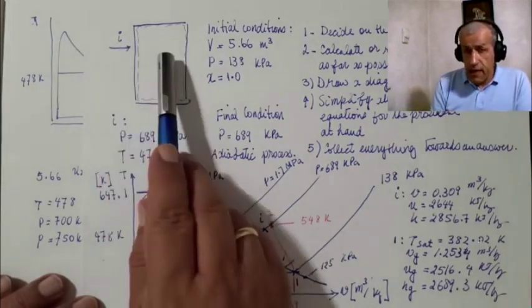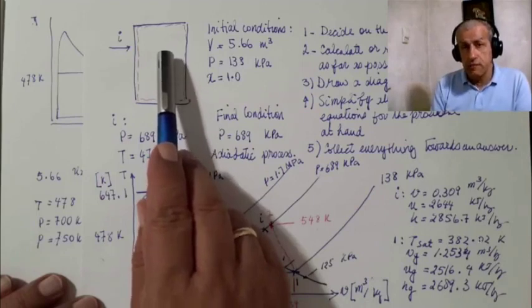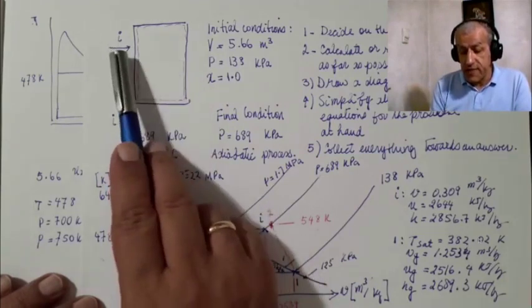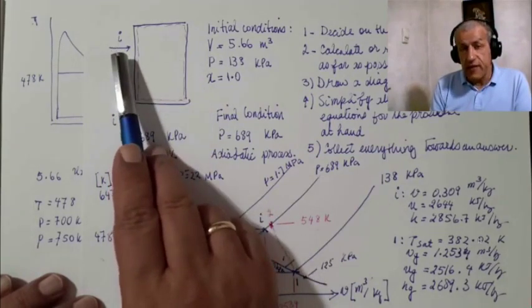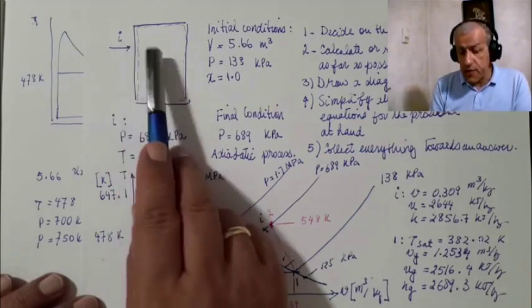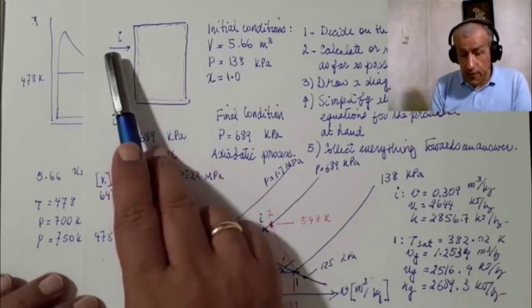I mean, if the pressure of this tank becomes equal with the entering pressure, then the process would stop because there would be no longer any steam going in. And there's no way that the pressure inside the tank would be higher than the pressure of the incoming steam.